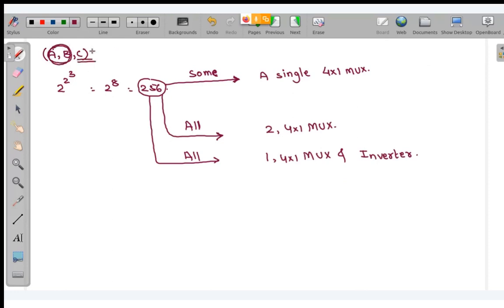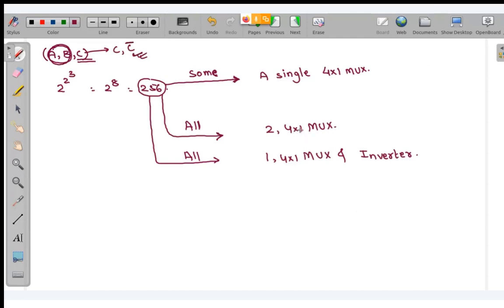But for C, I will have two more inputs, one will be C and one will be C complement. So for constructing this C complement, I will be requiring one more 4 cross 1 mux.